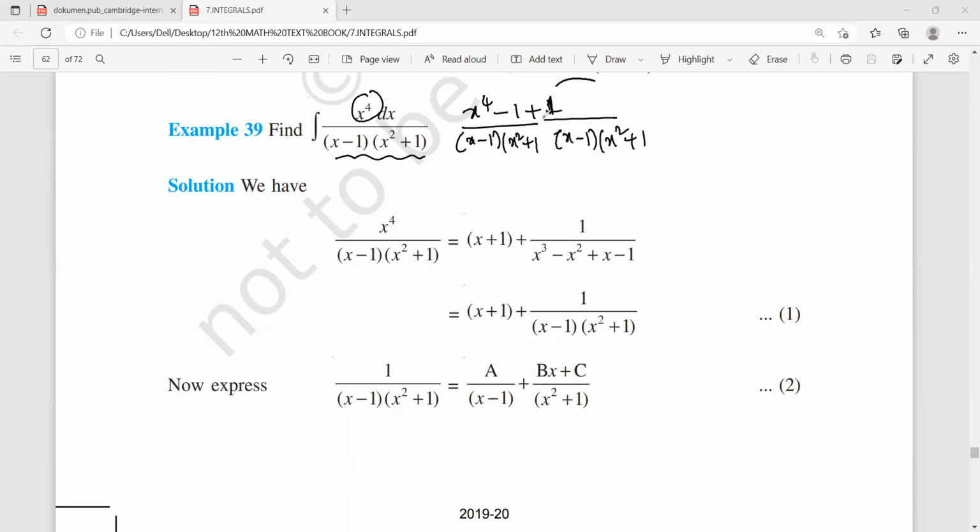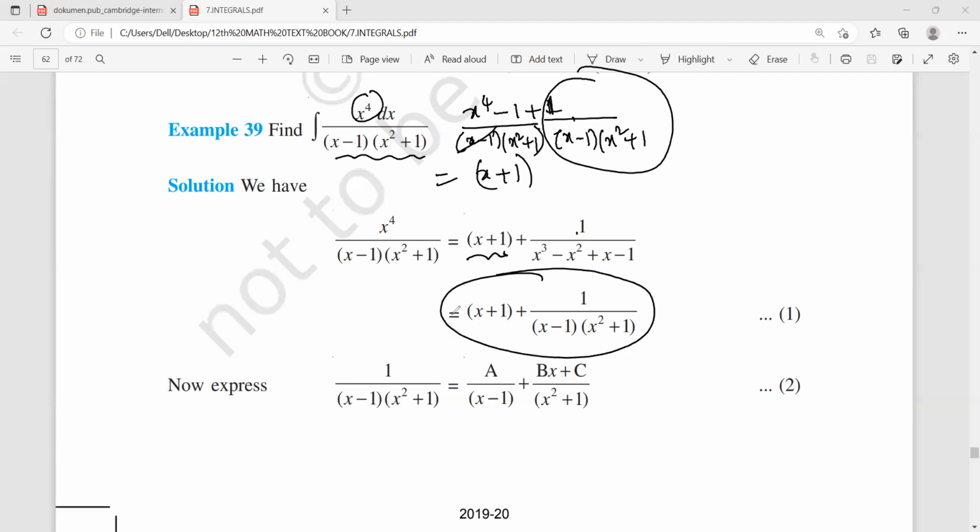Here x power 4 minus 1 is x minus 1 into x plus 1. x minus 1 gets cancelled. x plus 1 by x square plus 1, x square plus 1 also gets cancelled. So only x plus 1 will be there. So directly we reach this term.